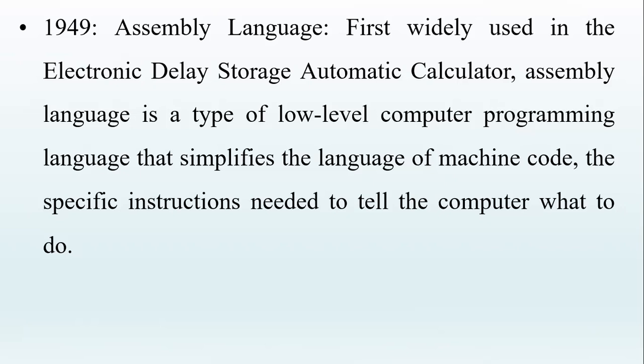But in the year 1949, we had what we call the assembly language. This was the first widely used language in the Electronic Delay Storage Automatic Calculator. This language was a type of low-level computer programming language that simplifies the language of machine code, whose specific instructions are needed to tell the computer what to do.